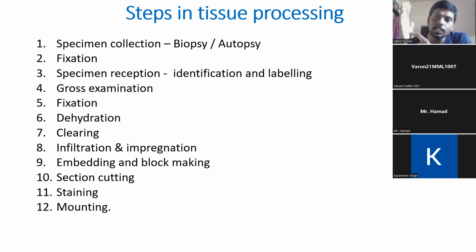Say for example, in the requisition form, they said a biopsy of tongue, and in the jar we got an eye. They said tongue, but there is an eye in the container. Shall we go for processing this tissue? No, we should not. We should thoroughly inspect all the things, and if we have any trouble in identifying the sample, then we need to immediately call the corresponding surgeon or the doctor who sent this sample.